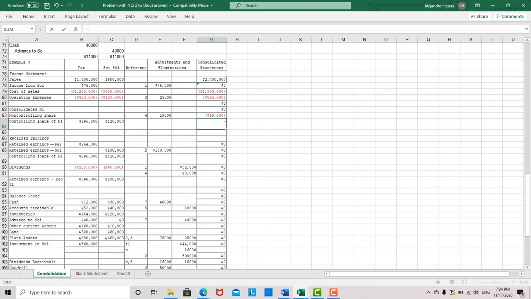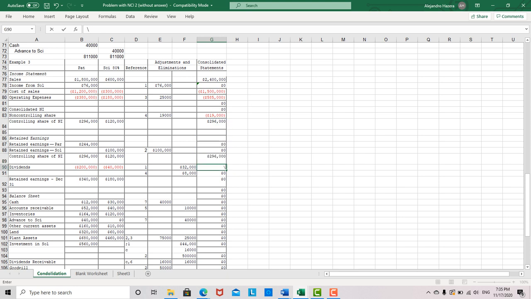Okay, so our final income statement is 2,400 plus a negative 1.5 plus negative 585 plus negative 19, and 296. Notice that the 296 equals the parent's net income, so we're good. And so bring down the controlling share of net income, which is 29, down to the statement of retained earnings.